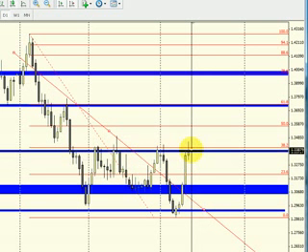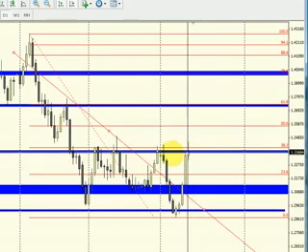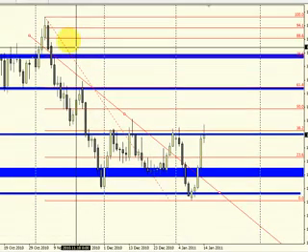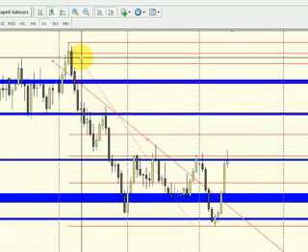Okay, and I still think that the euro dollar is going to drop in the medium to long term because of all the problems that you see in the press every day about Europe. People are frightened about the euro because of the problems in Ireland, Spain, Portugal, and potentially Italy. It's just going to keep going and going.